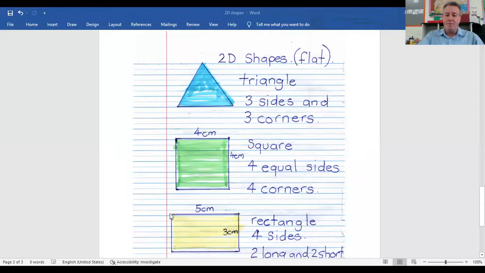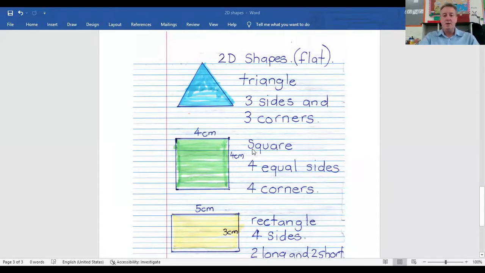And then when we do our rectangle, I want it to be 5 centimeters long on the long side and 3 centimeters on the shorter side. Okay, so that's our extra job for our 2D shapes.